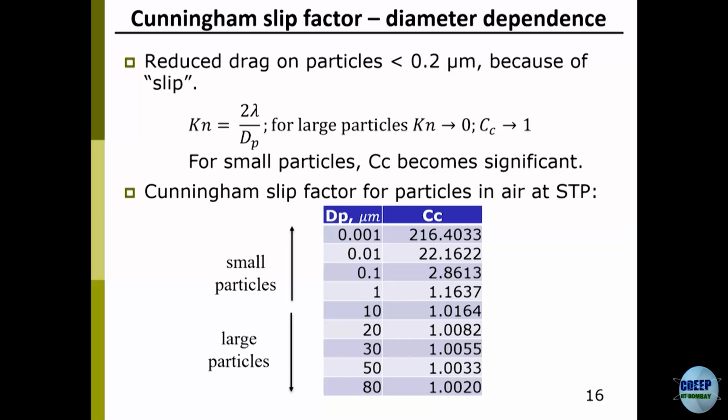When we start putting the values of particle size into the slip factor, by the time you are at a 0.1 micron particle, your drag has gone down by almost a factor of 3. By the time 0.01, another order of magnitude, so 22, and then more than 200 by the time you are at a 1 nanometer particle size, right.